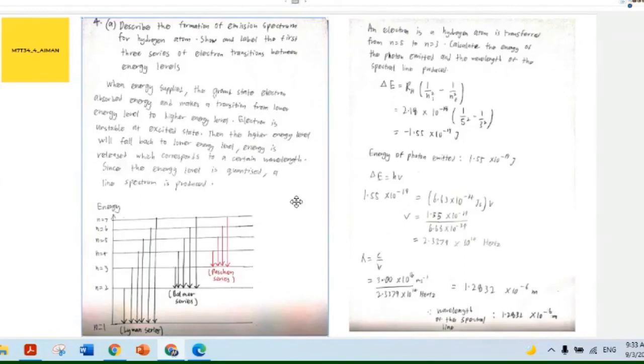Actually, it's the same: describe the formation. So after this, questions related to describing the formation of line spectrum, we will skip. We have already discussed it 3 times. I hope every one of you gets the idea how to answer questions on how to form the line spectrum, how to form the emission spectrum from a hydrogen atom. Okay or not, class? I discussed it 3 times already.